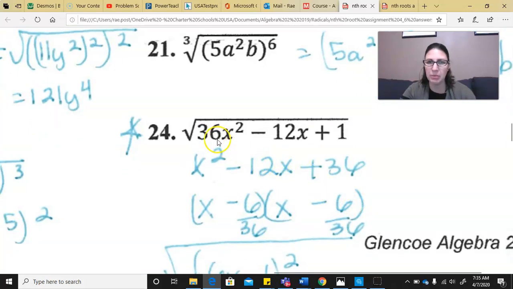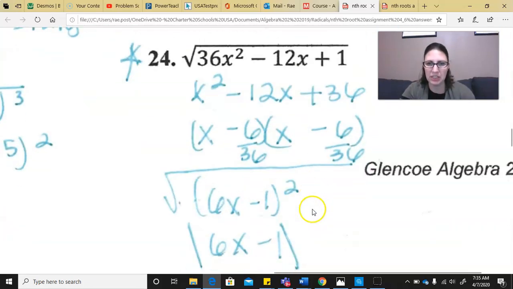You can factor number 24. You can slide and divide this. Now, I'm not expecting you guys to get every single answer every single time on your assignment, just to be able to go through most of them, right? Attempt them, give it a shot. But yeah, you can factor that out, put it back into parentheses. So when you do that, you slide 36 over, and you factor. 6 times 6 is 36, and negative 6 plus negative 6 is negative 12.